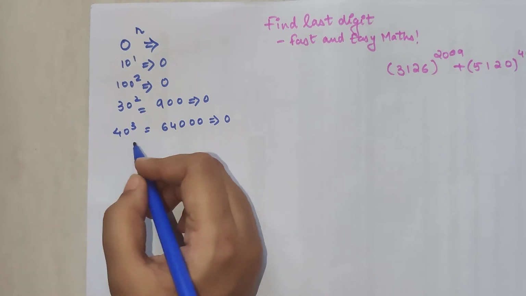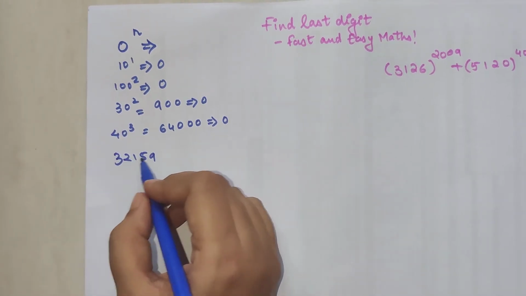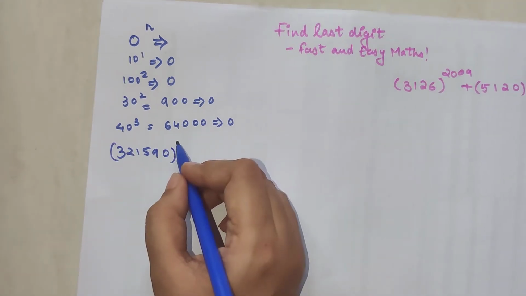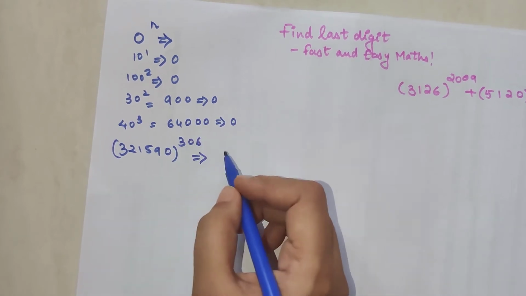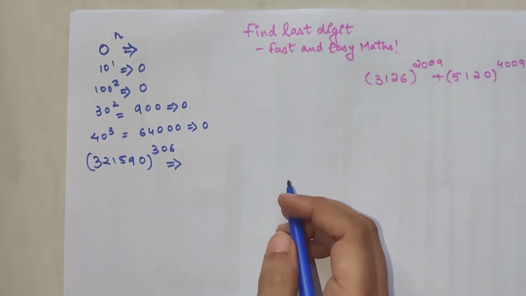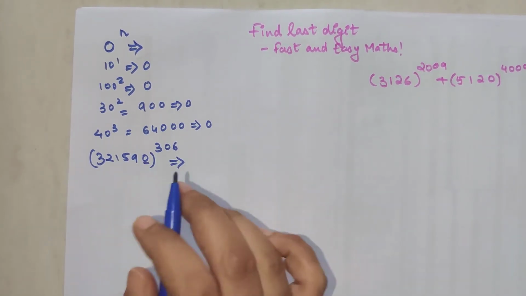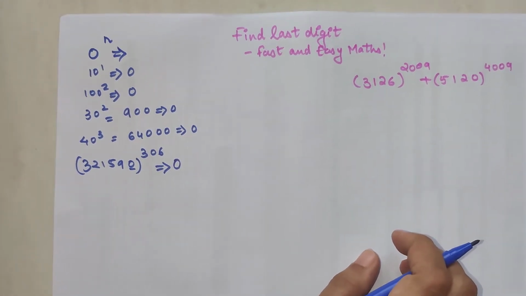So here if I give you a big number, let's say 32195611590, the whole raised to, let's say, 306. Here I'm not even going to do anything. I'm just going to check my units place, and my units place is 0, so I can directly say that my last digit will be nothing but 0.